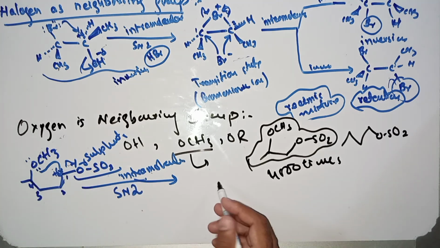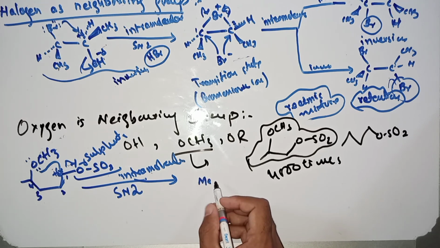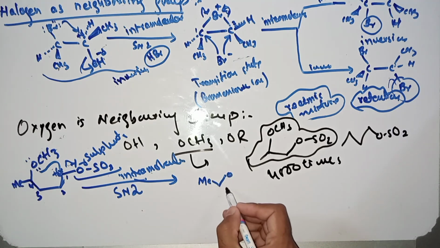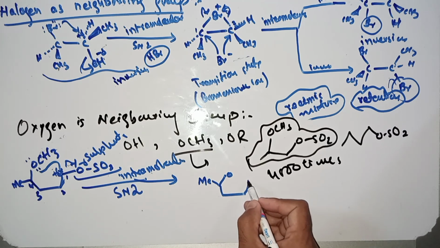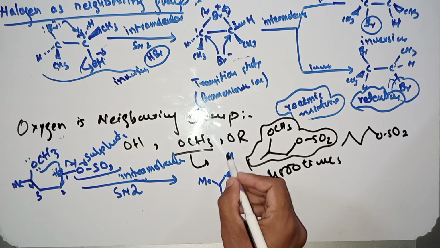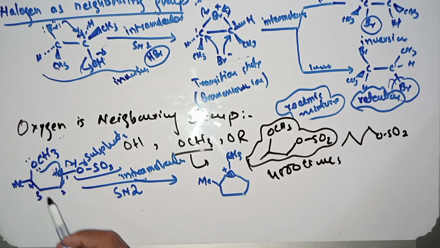So here a transition state will be produced, that is the cyclic transition state. The transition state will be like this. This is the methyl, CH3, and the oxygen has a plus charge because oxygen donates a lone pair, and we know that an atom or molecule that donates a lone pair gets a positive charge, and when it accepts electrons it gets a negative charge.